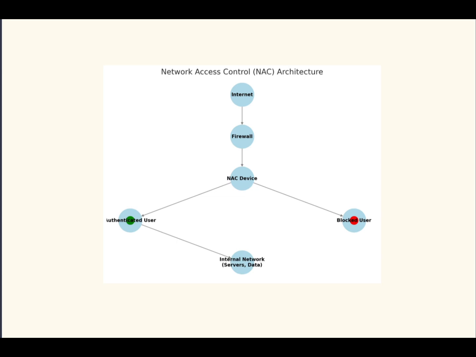I have also put together a diagram for better clarity on this. In this diagram, you can see the internet, then we have a firewall. Traffic from the internet first goes through the firewall for basic filtering. Right after the firewall we have the NAC device, which checks all users and devices before granting internal network access.